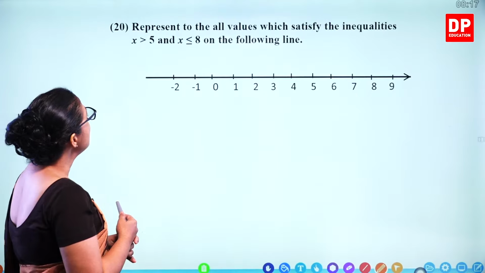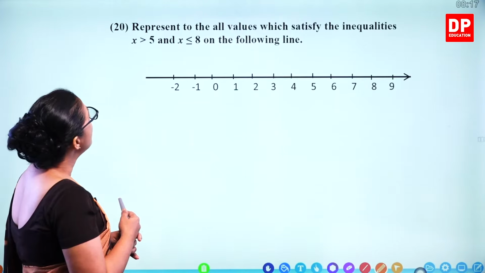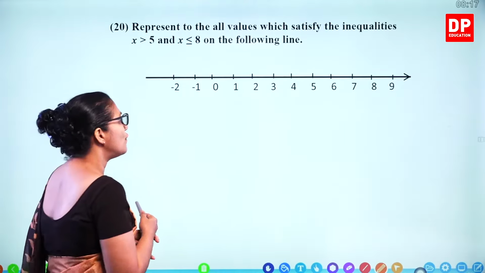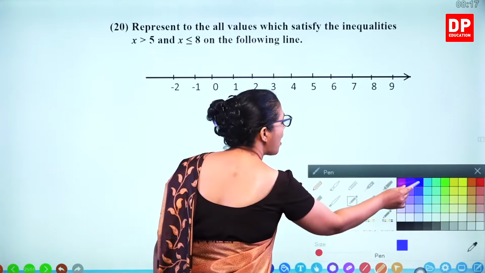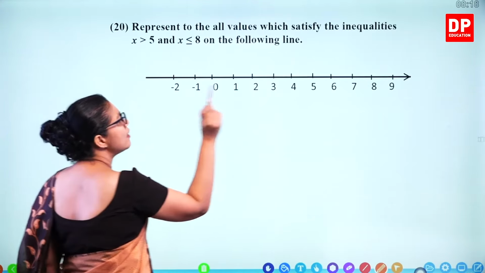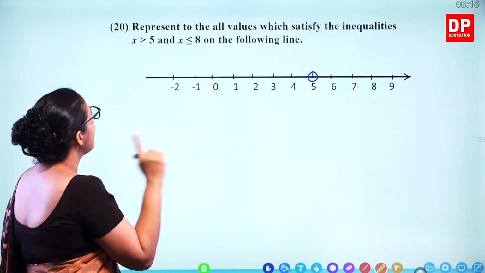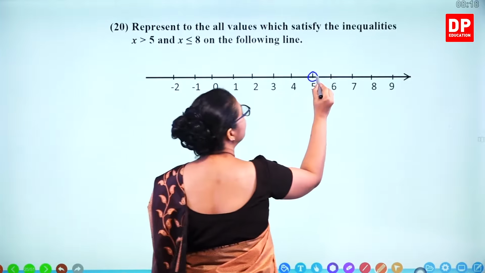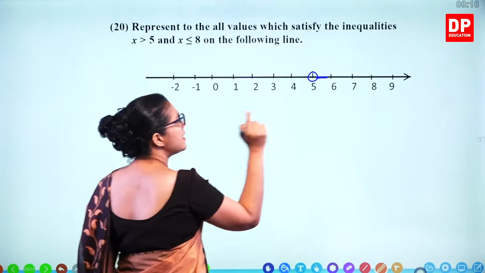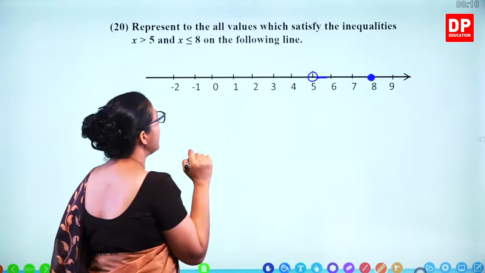Question number 20. Represent all values which satisfy the inequalities x greater than 5 and x less than or equal to 8 on the following line. So how do we mark? x greater than 5, 5 is not included, so you draw an open circle. And greater means this way. x less than or equal to 8, 8 is included, so we draw a solid circle on top of 8.